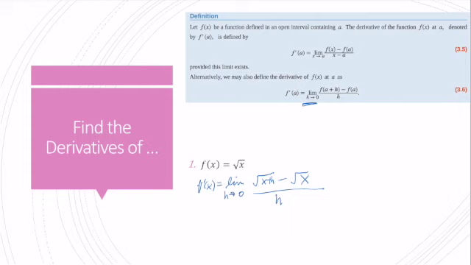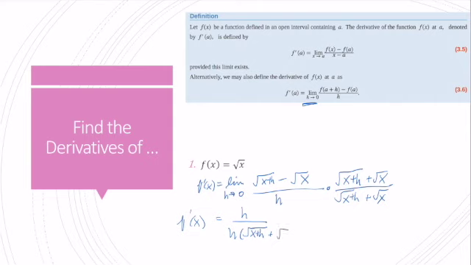Because I'm dealing with radicals, I have to multiply by the conjugate on the top and on the bottom. This will simplify down to f prime of x equals h over h times the square root of x plus h plus the square root of x.